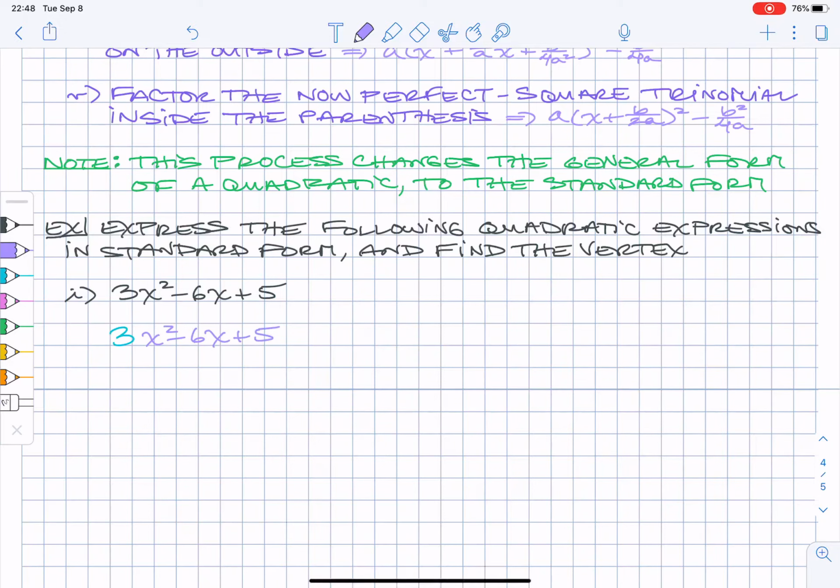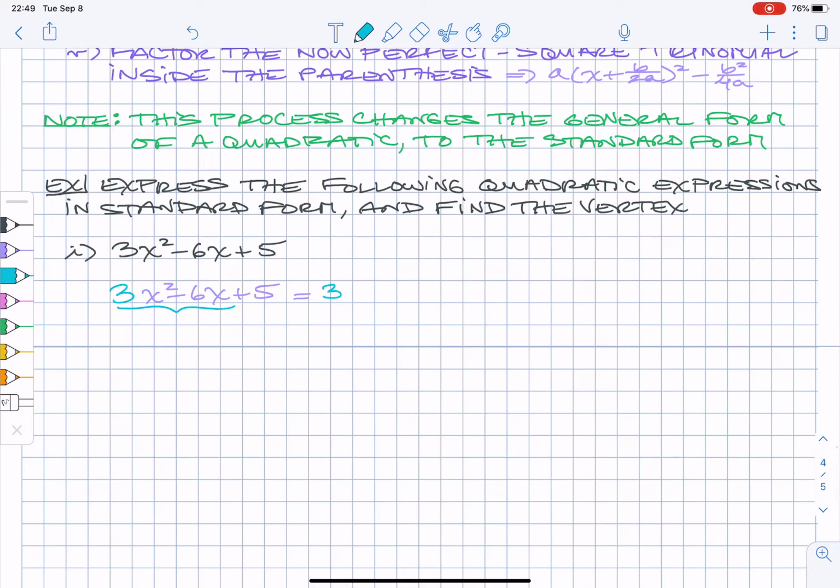So what I want to do with this is factor the 3 only from the two terms involving x. If I factor the 3 from the two terms involving x, this will be x squared minus 2x, and I still have the plus 5 on the outside.